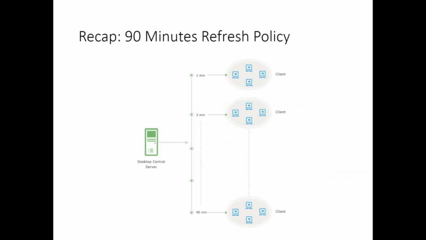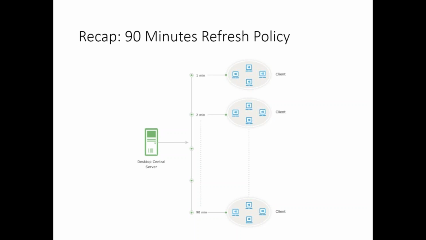The next point I'd like to recap, which we even discussed in our last session, is the 90 minutes refresh policy on the agent side. Let's take a scenario where you're deploying a software package to 5,000 machines.